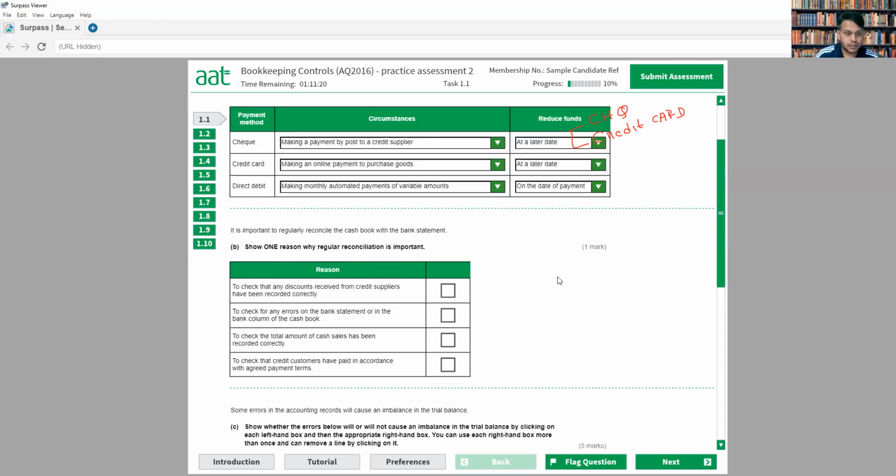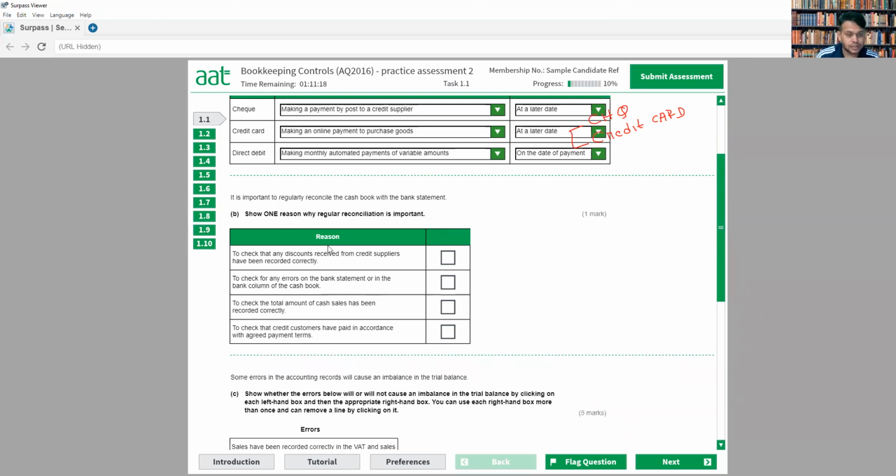All right, the next one we have here: it is important to regularly reconcile the cash book with the bank statement. So you check the cash book bank column against the bank statement to see that everything is matching. Basically, you do it regularly. And why is it important to do it regularly?